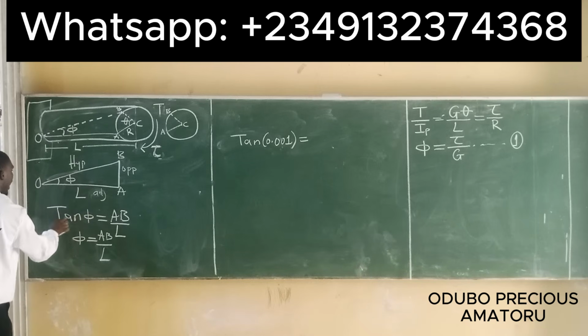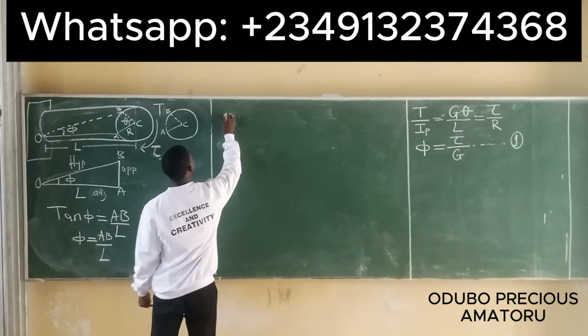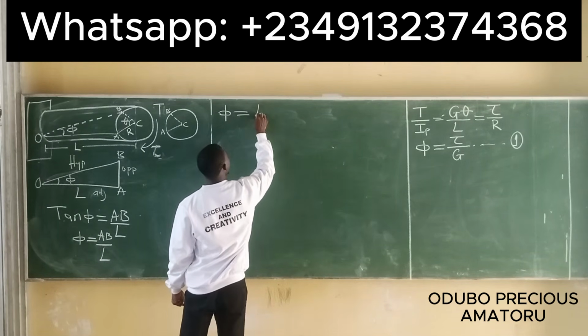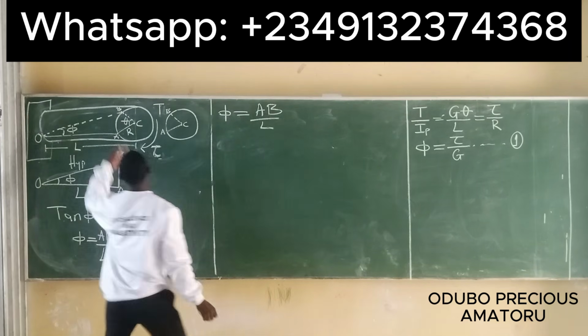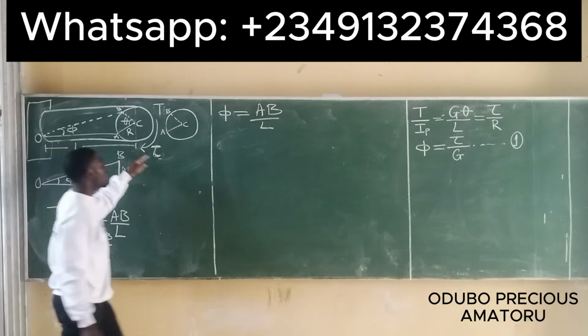So we just take out tan phi and put in phi. So from here we have phi equal to AB all over L, where L is the length of the shaft.